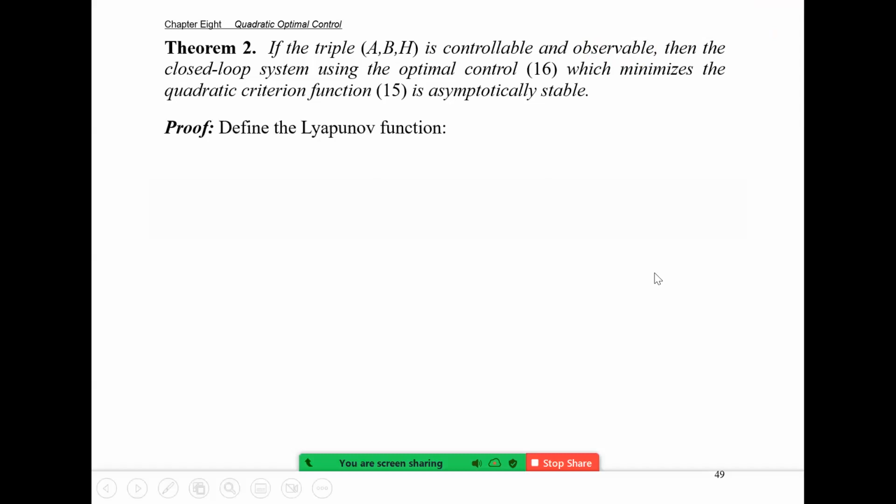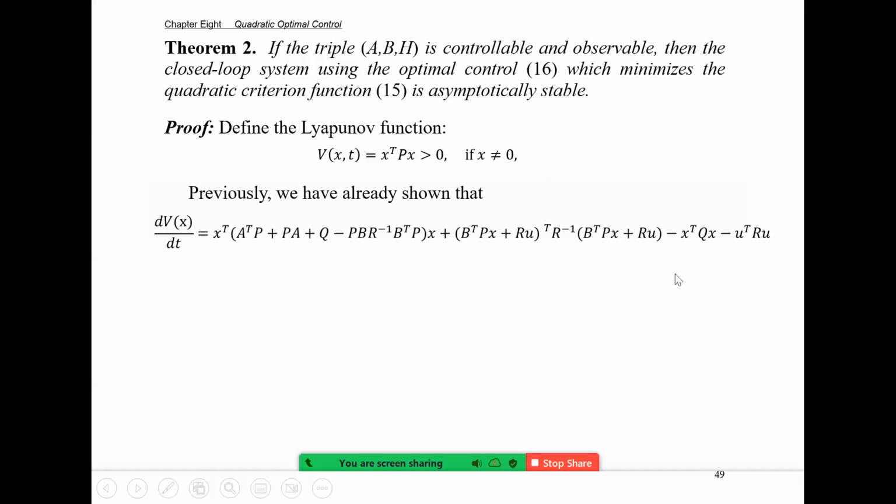So let's just use the Lyapunov function. We already defined that. Previously, we have already shown this when we derived the solution for the optimal control. We already chose P to satisfy this Riccati equation, so this one is 0.